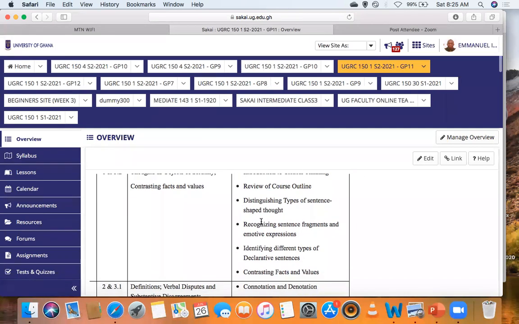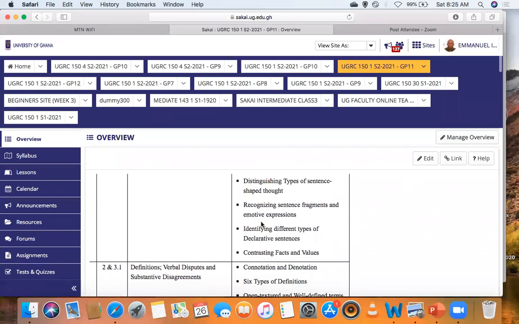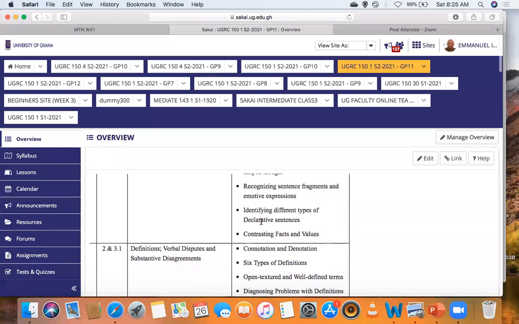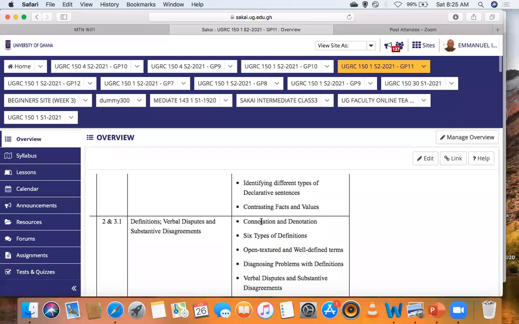So we are almost about to begin that. Recognizing sentence fragments and emotive expressions, identifying different types of declarative sentences, contrasting facts and values.